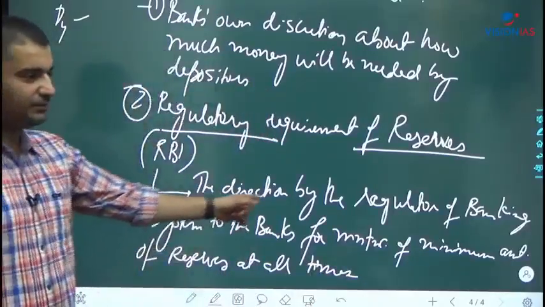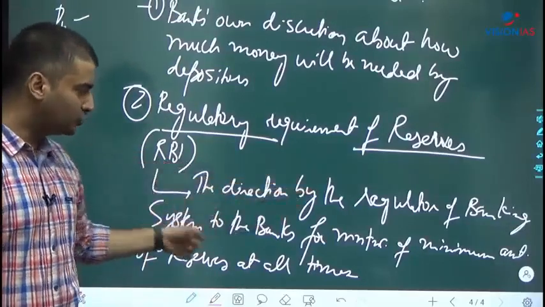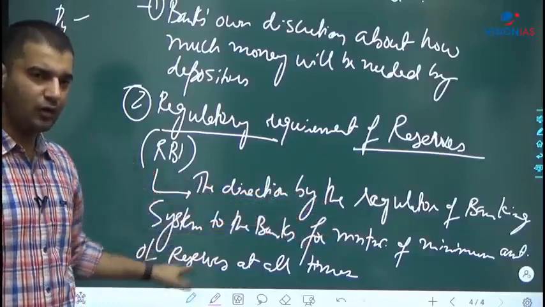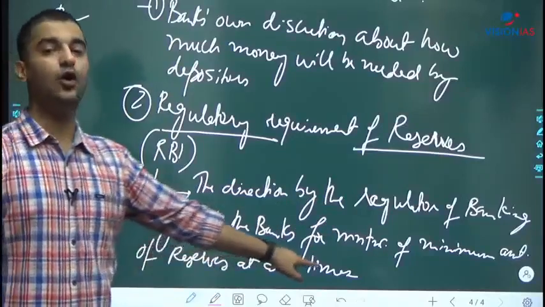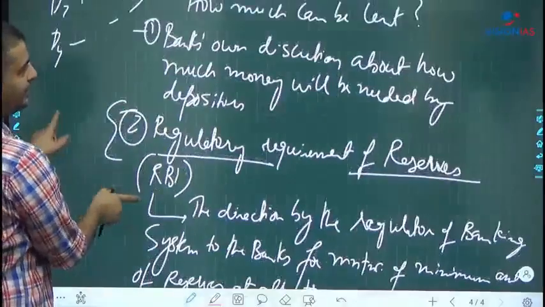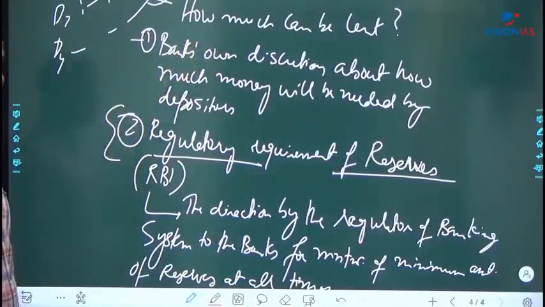The direction by the regulatory authority, the regulator of the banking system, to the banks for maintenance of a minimum amount of reserves at all times. This is the second thing on which how much money can be lent depends upon.